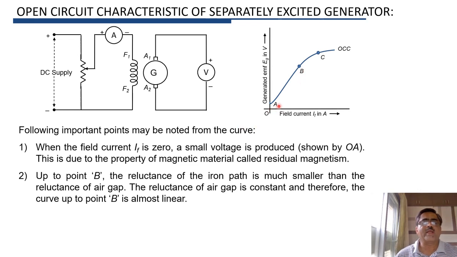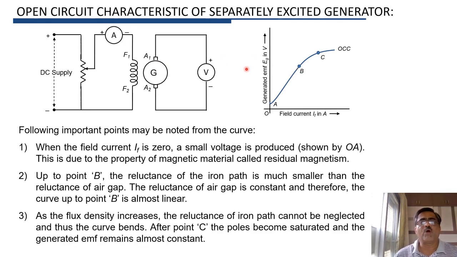And for the air gap, the reluctance is always constant. So as the reluctance is constant, as the current is increased, there is an increase in flux, and because of the increase in flux, there is an increase in induced EMF Eg, and therefore the curve is linear up to point B.